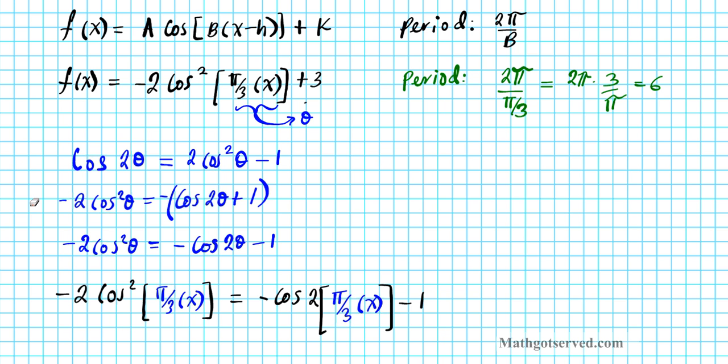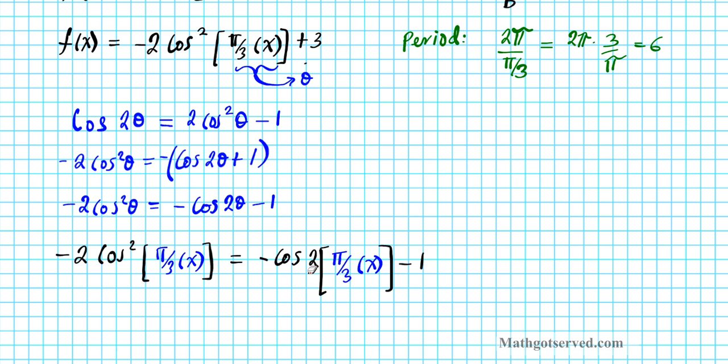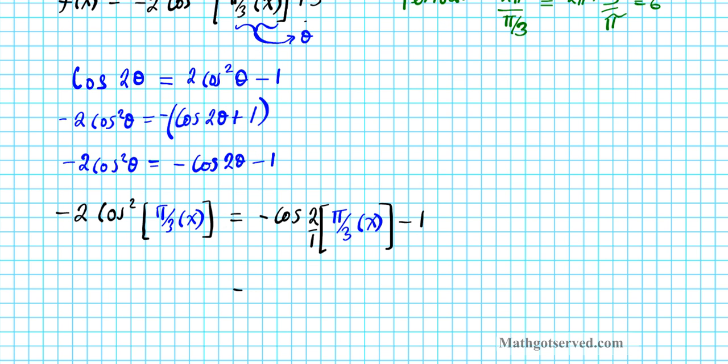This can be simplified further. We can just express this as 2 over 1 and then multiply horizontally. That yields negative cosine 2 pi over 3 x minus 1.